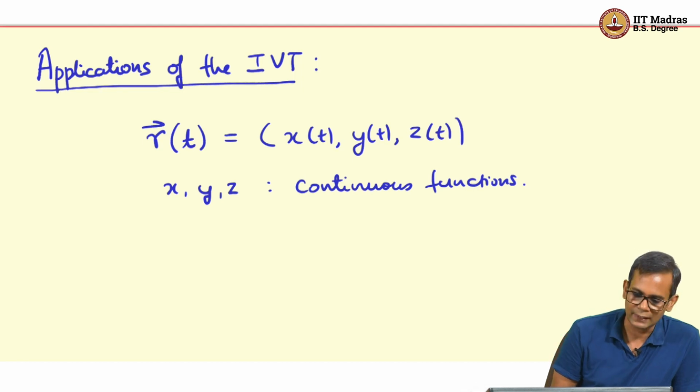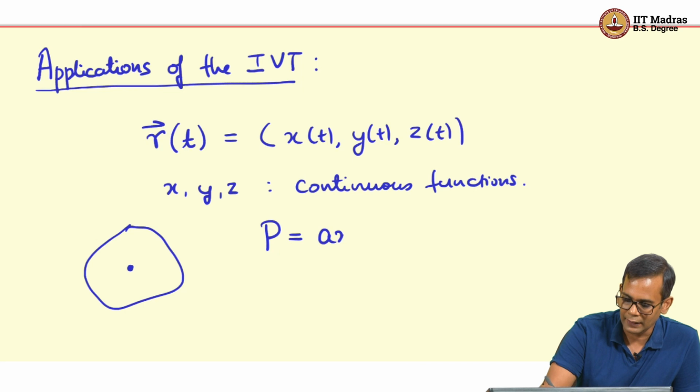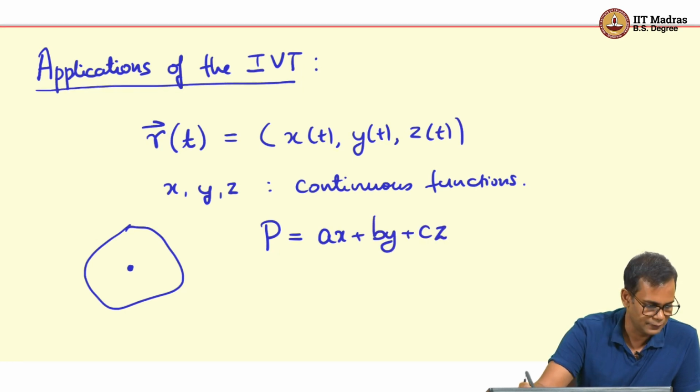More interestingly, if r(t) is the position of the center of mass of some rigid body at time t, then x, y and z are continuous functions. Suppose you have a plane P given by the equation ax + by + cz = d.